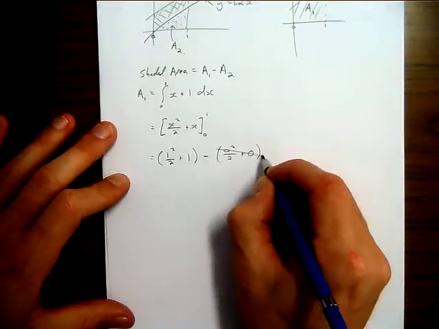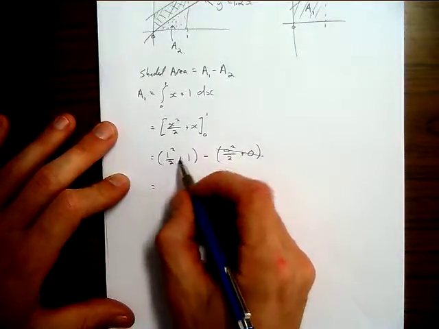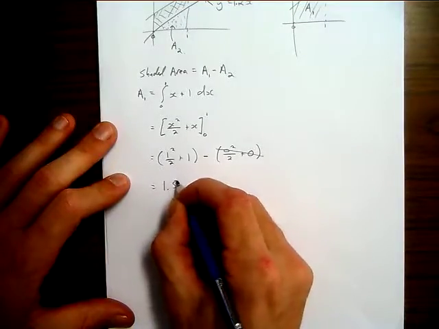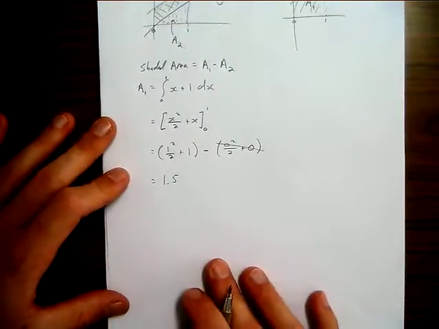So that's 0, so we end up with 1.5. So area 1 is 1.5.